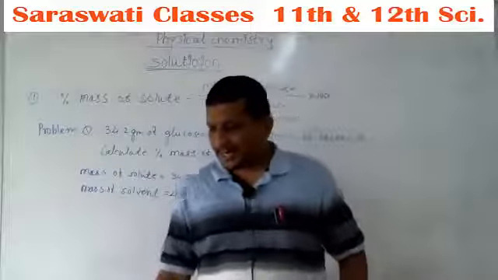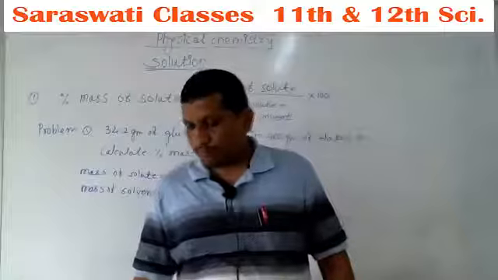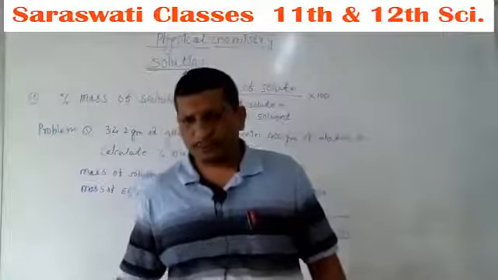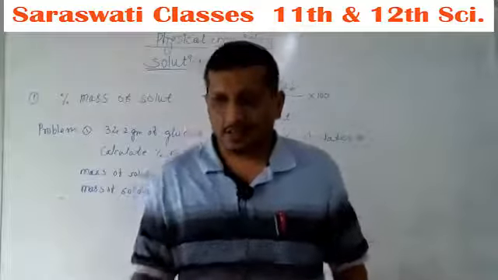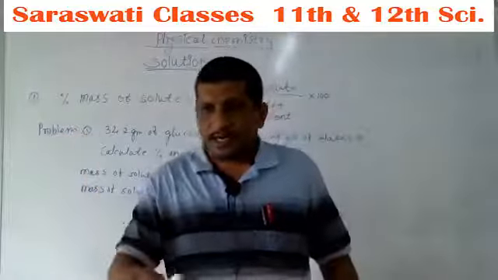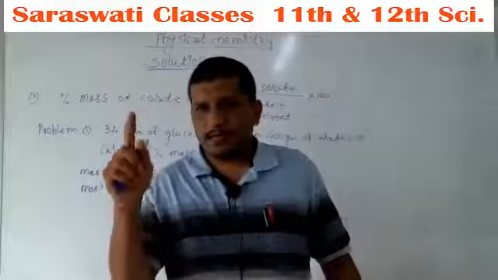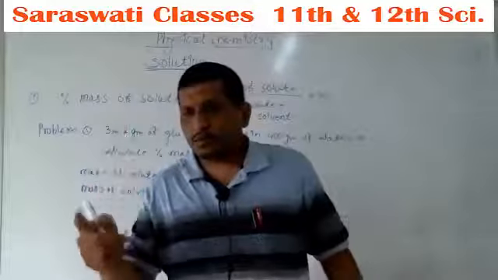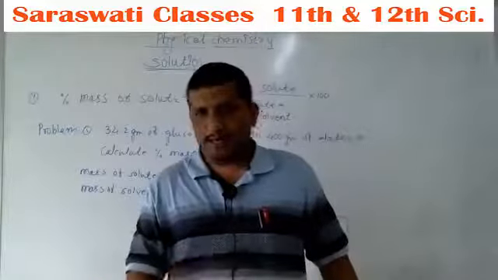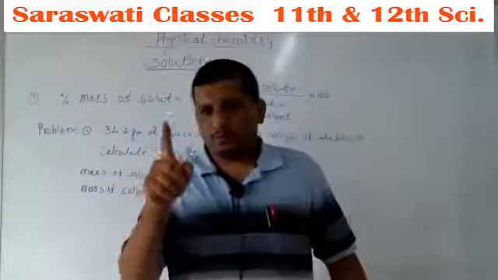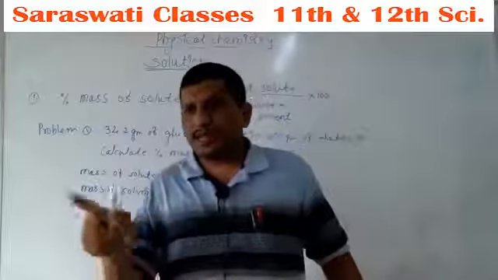And molality is the number of moles of solute divided by mass of solvent in kg. In molarity, it is moles of solute per liter of solution, and in molality, moles of solute per kg of solvent.